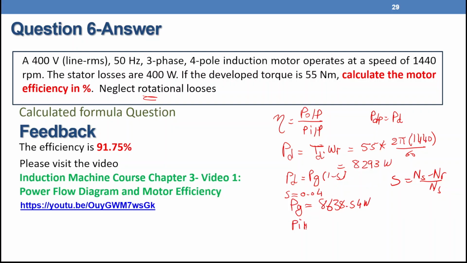So P input equals P gap plus stator copper loss, which will be 9038.54 watt. So the efficiency in this case will be 91.75%. If you'd like to know more about the power flow diagram, please visit the video, Induction Machine Course Chapter 3, Video number 1, Power Flow Diagram and Motor Efficiency.